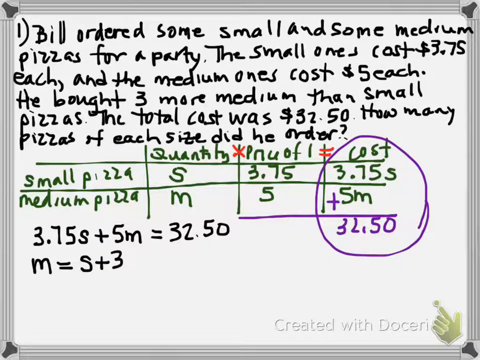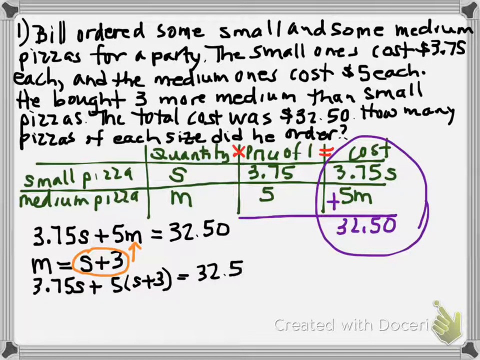So now, which technique have we learned solving systems is going to work best for this one? This is a perfect one for substitution. It's going to go in right there. So I have 3.75S plus 5 times the quantity S plus 3 equals 32.5, and I'm just going to write 0.5 because I don't need that extra 0.